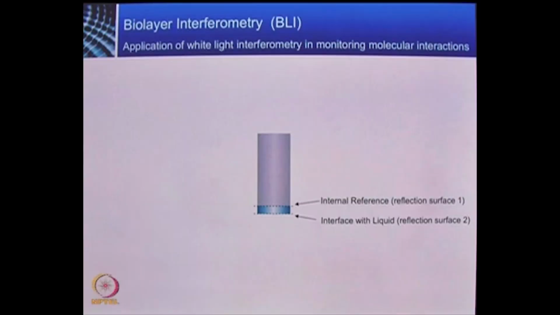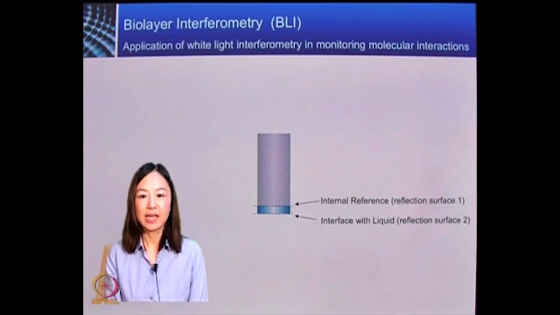So what happens when we are doing experiments with BioLayer Interferometry? If we take a close look at the biosensor, we can actually observe two reflection layers. The internal reflection layer is engineered into the biosensor during the manufacturing process.